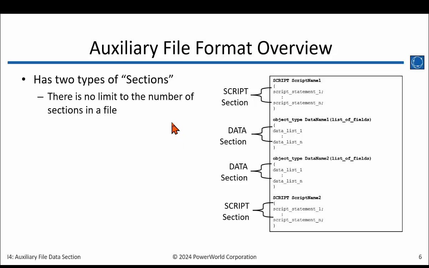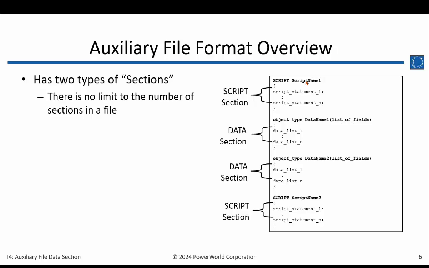And then this slide just shows how an auxiliary file can be laid out in two different types of sections. So the script section, again, starts with the name script. It can optionally be given a name, and that can be useful if when you load an auxiliary file, you want to just invoke scripts or data sections one at a time instead of loading the entire file.